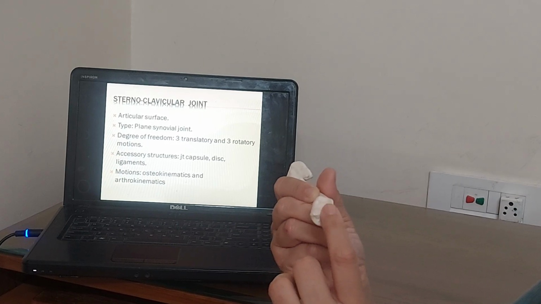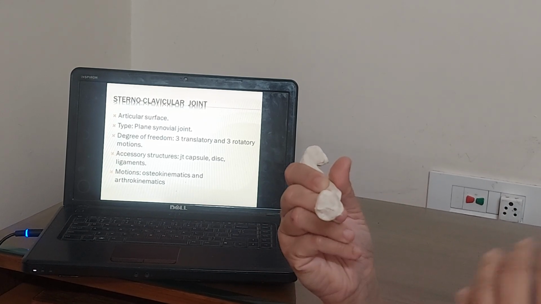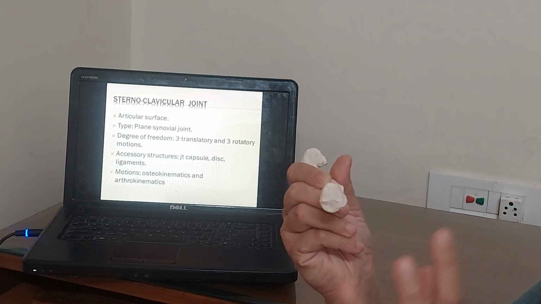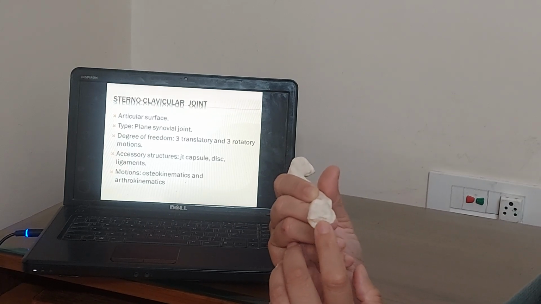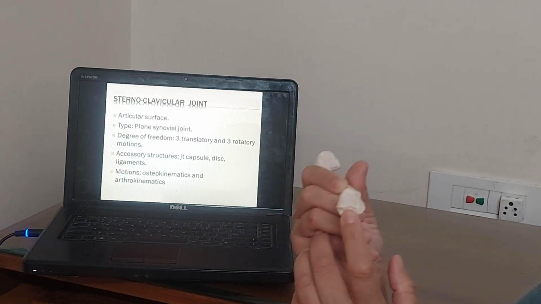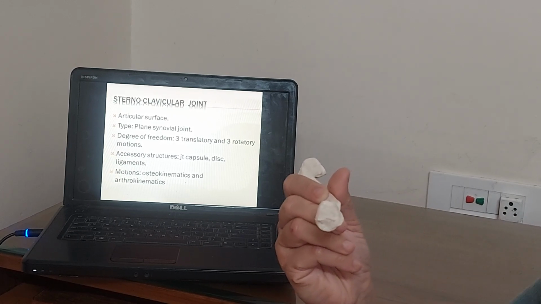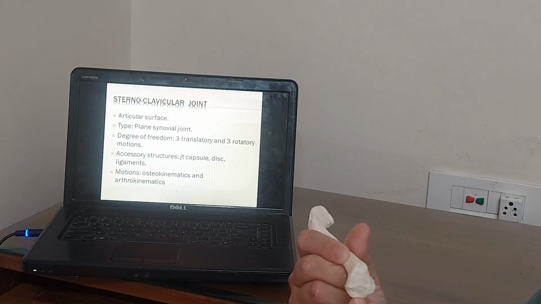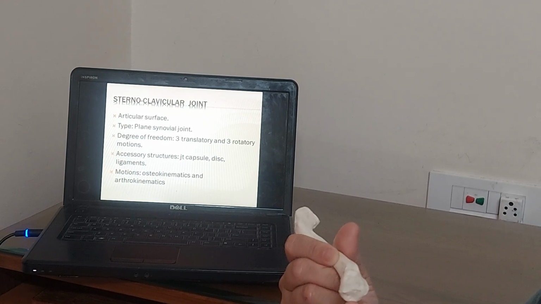Though it has a concavo-convex, saddle shape, since only one part of it works as the articular surface of the joint, we consider it a plane variety of synovial joint. The concavo-convex rules will be used when we learn about the kinetics and kinematics, the osteokinematics and arthrokinematics, of the joint. So you understand why it is a plane synovial joint.